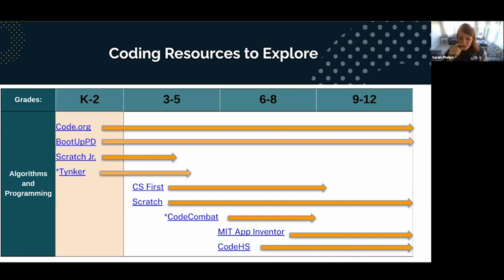You'll notice that two of these are starred because those are the only two on this list that are not free, which is always amazing. There are so many amazing free resources and robust resources to help you teach. And even Tinker and Code Combat have free components that you can use in your classes as well. Tinker has a lot of wonderful cross-curricular resources to embed coding into science and math. So does CS First. So these are coding resources when you're looking for those activities that support coding.